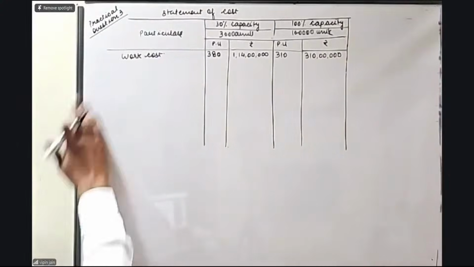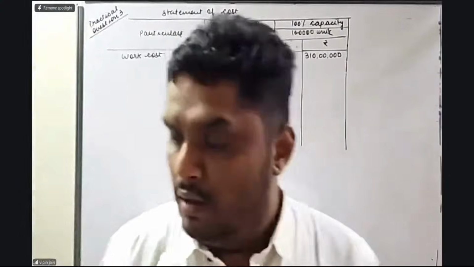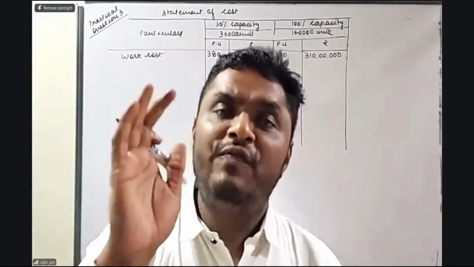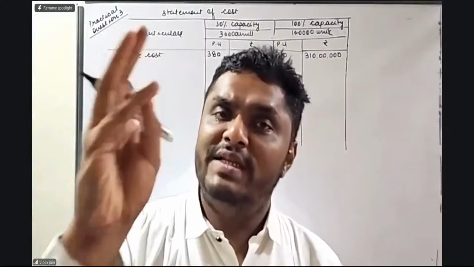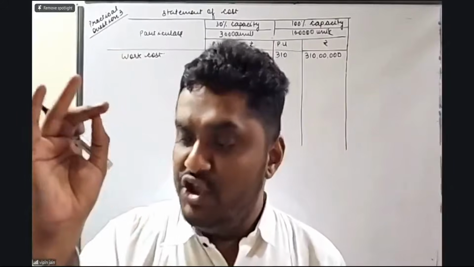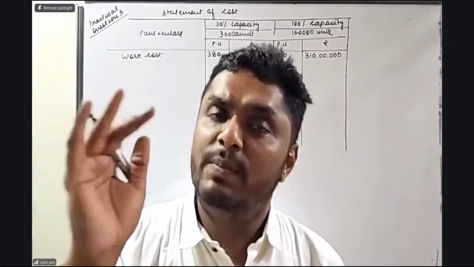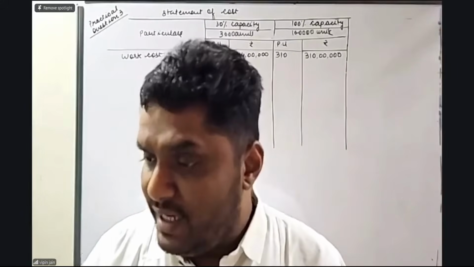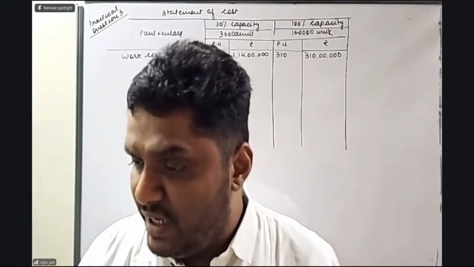So this is all about work cost. Now, let me check if any of these 5 items are given: quality control cost, research and development cost, administration overhead related to production, primary packing cost, and less credit for recoveries. Are these items given in the question? Please check.